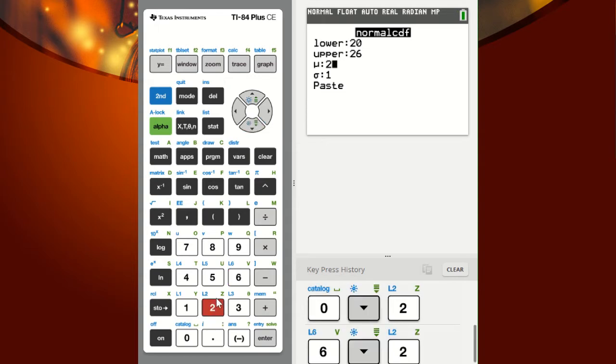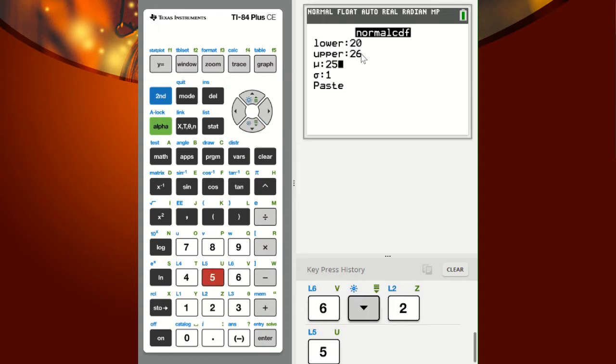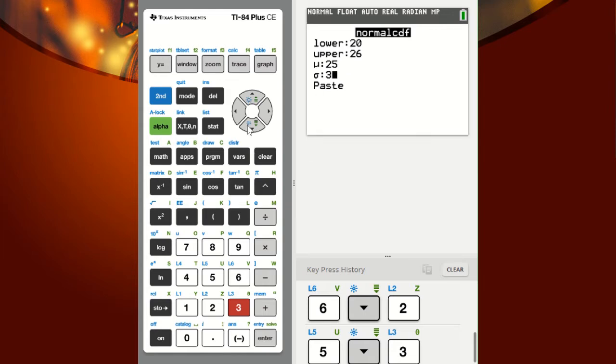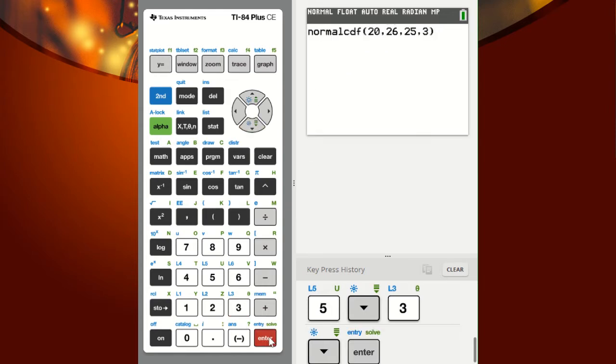Because I'm just using my actual values, I have to use the mean of the population and the standard deviation of the population, not the standard normal, but just the normal distribution, so 25 and 3. Then I'm going to hit paste and hit enter, and it gives me the percentage of gerbils that weigh between 20 and 26.